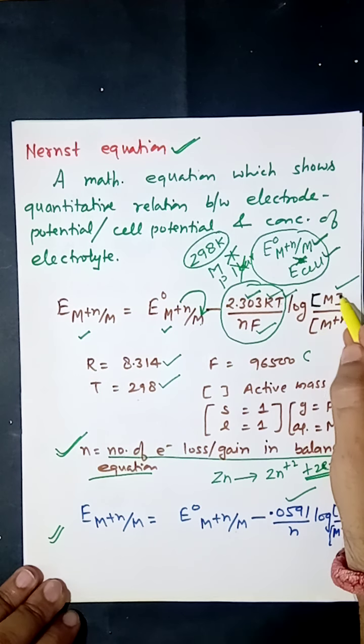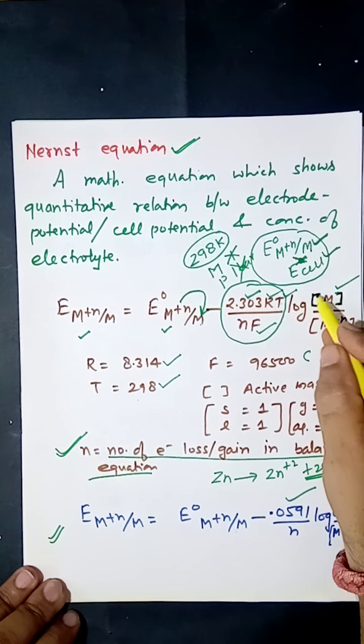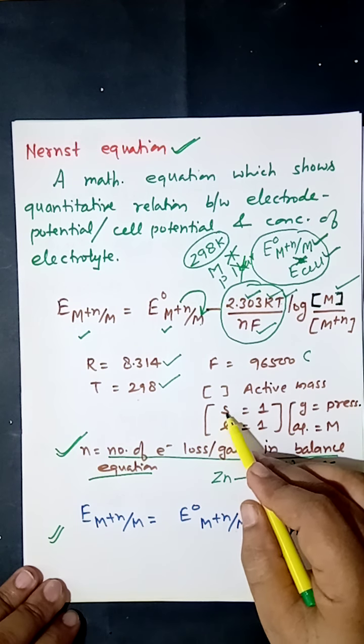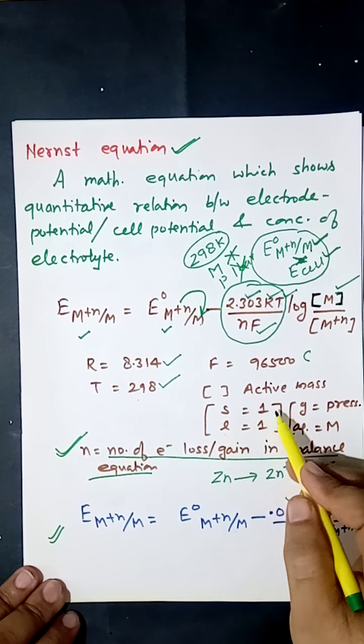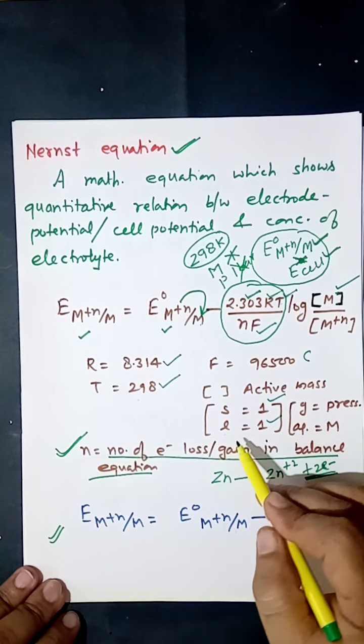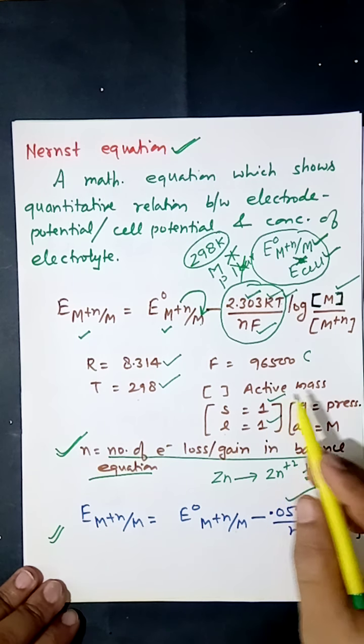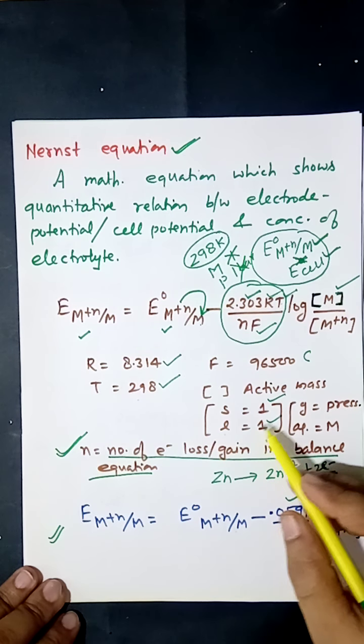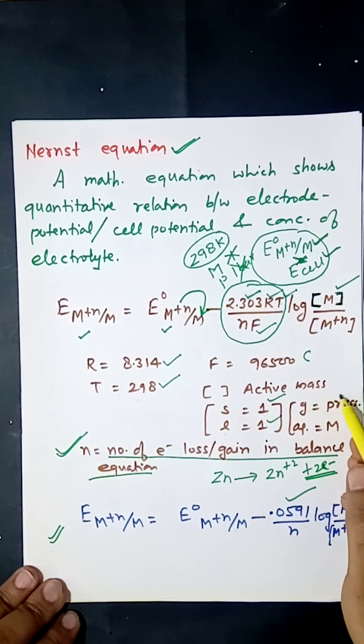Another point, square bracket means it is active mass. You know the active mass of pure solid and pure liquid is 1. You already studied this in equilibrium in 11th class. Active mass of a gas is its pressure, which is generally given in bar.